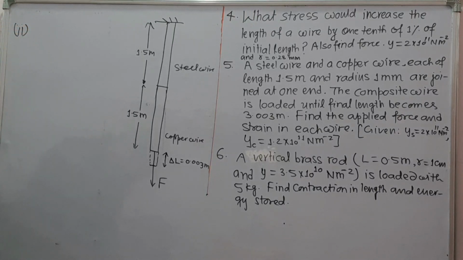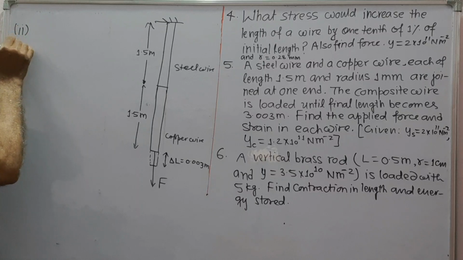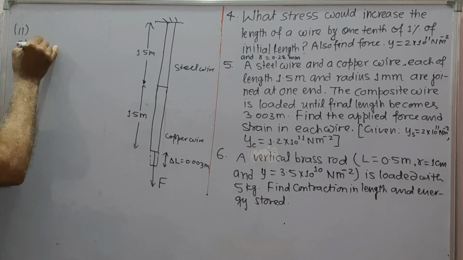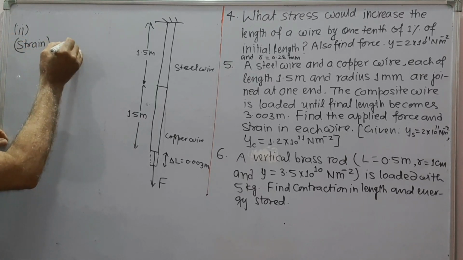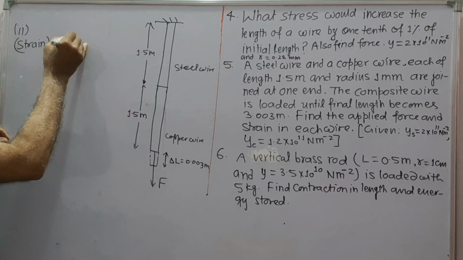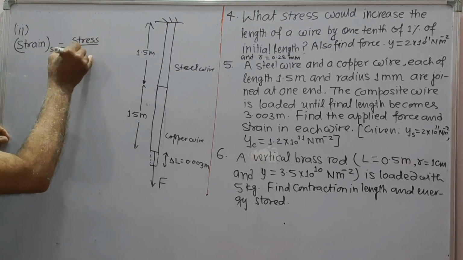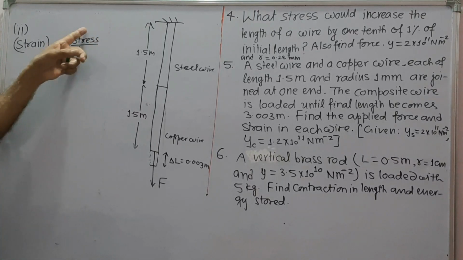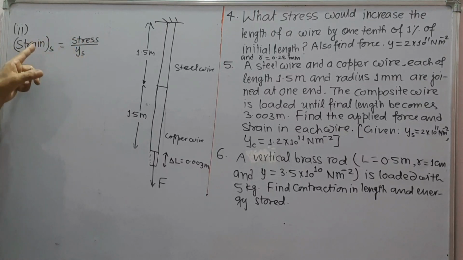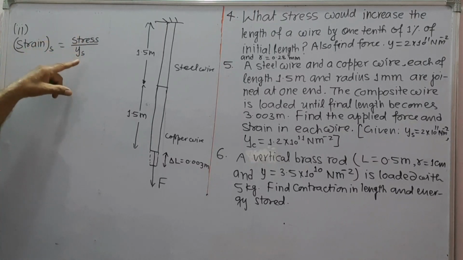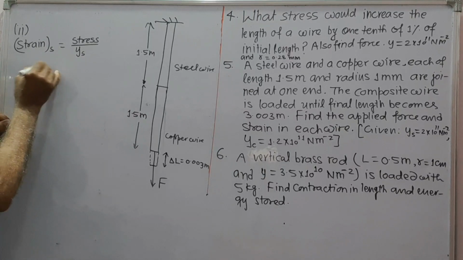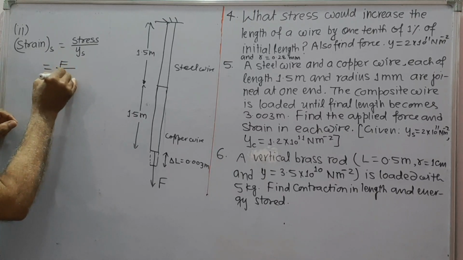Second part, strain. Strain in steel will be equal to stress upon Y steel, because Y is stress upon strain, therefore strain will be equal to stress upon Y. Stress is force upon area.